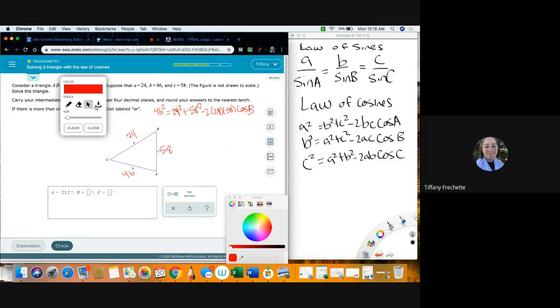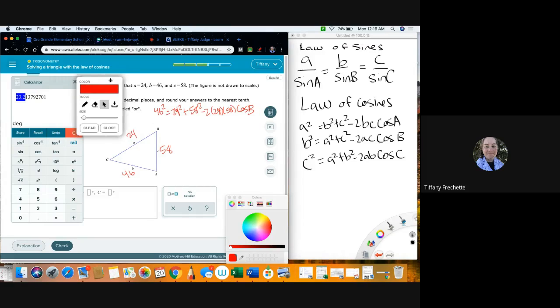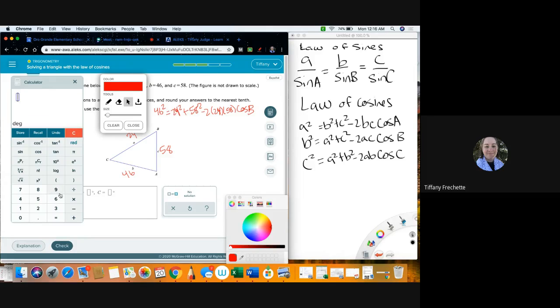Okay, so I'm going to again do that funny calculator thing where I'm going to clear that out, and then I'm going to go 46 squared, minus, to make sure I leave the square there, minus 24 squared, minus 58 squared.